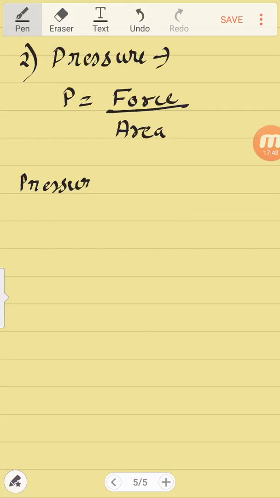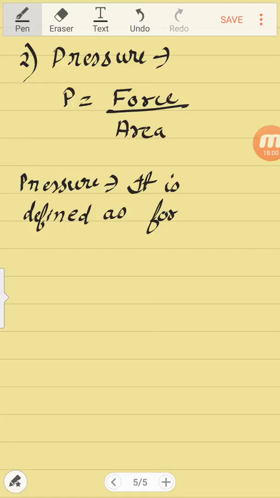Pressure is defined as force per unit area.